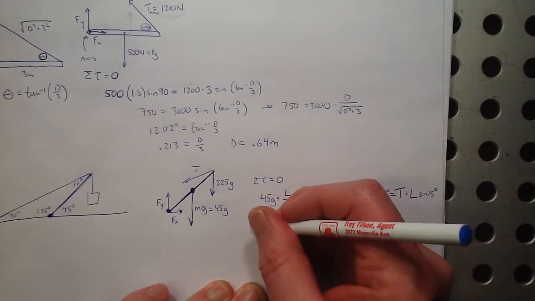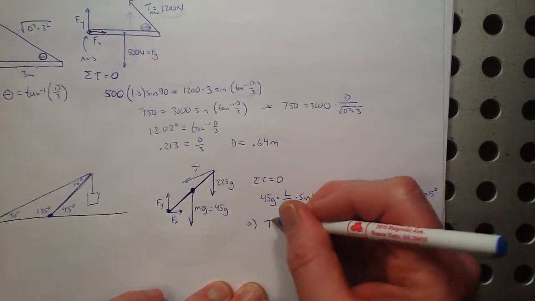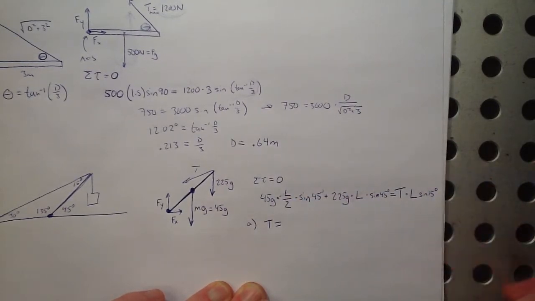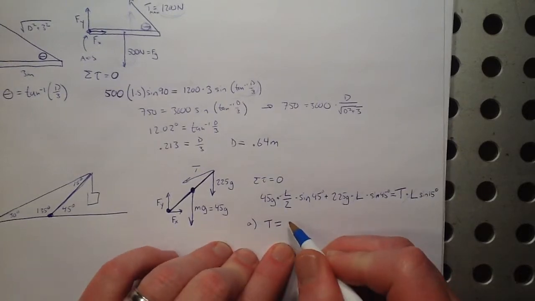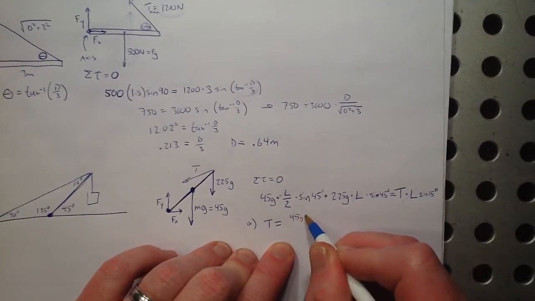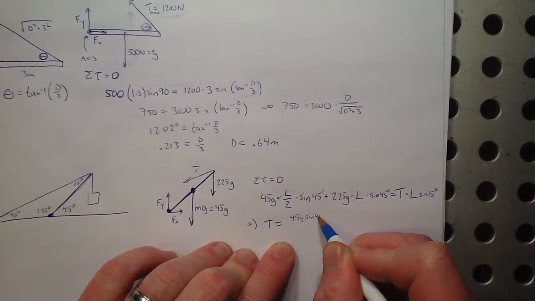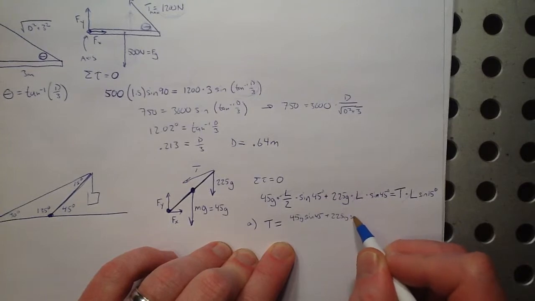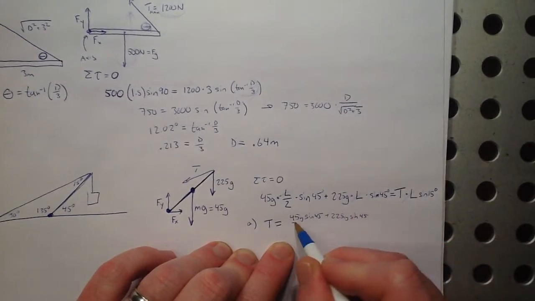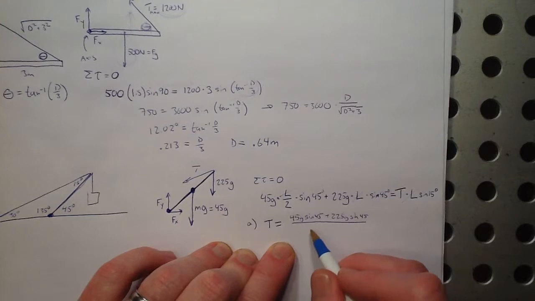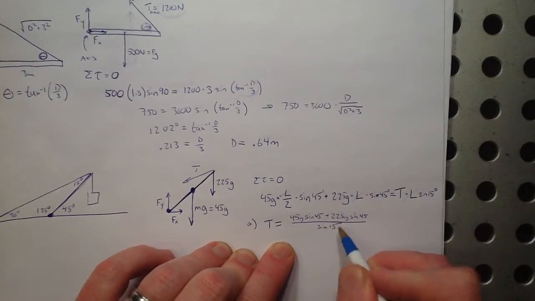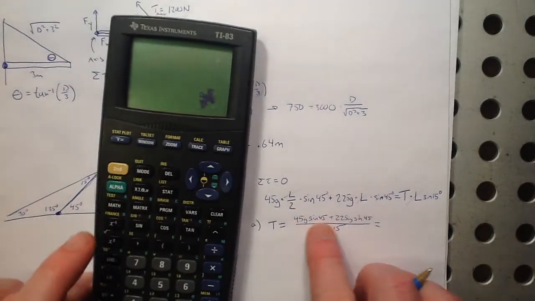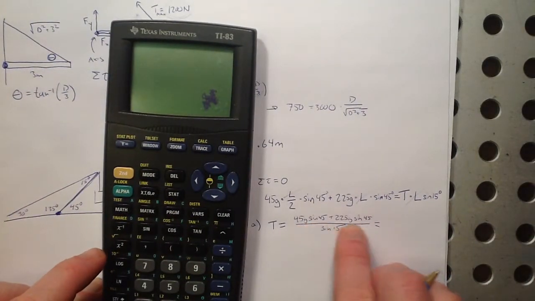That's part A anyway. So part A, let's solve for T. So let's see, that cancels. So T is equal to 45G times the sine of 45 plus 225G times the sine of 45 all over sine of 15. And I'm going to go ahead and factor the G sine 45 out.